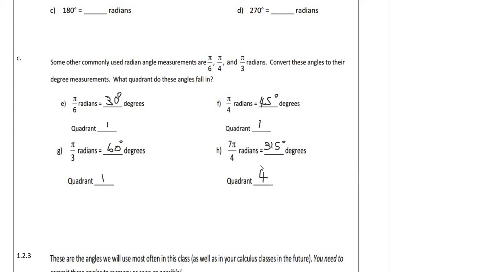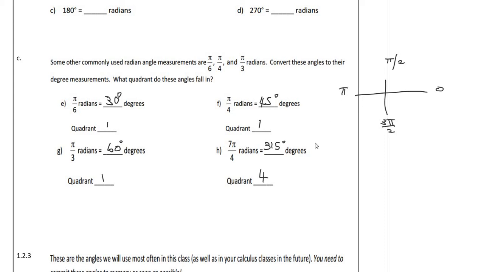I just want to show you something here. Remember, this is 0, this is 90, which is pi over 2, this is pi, this is 3 pi over 2. Remember, we need to be able to convert all this into radians now.